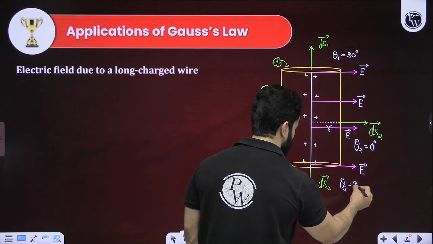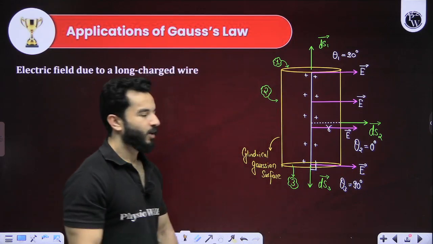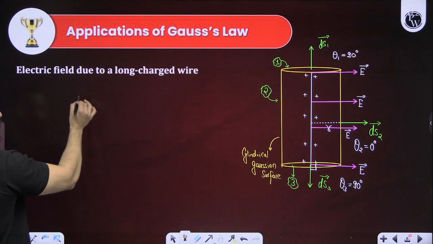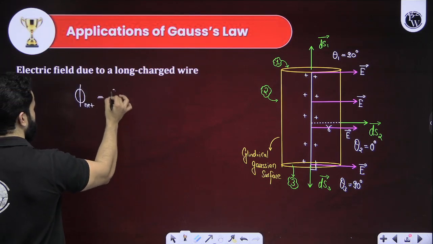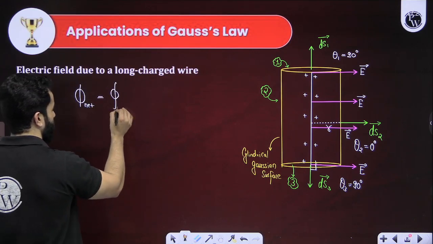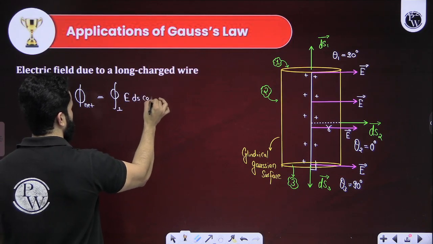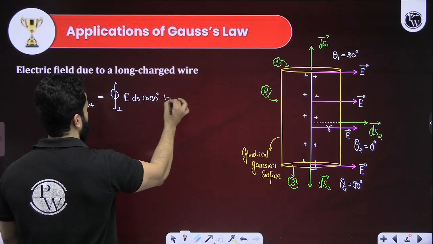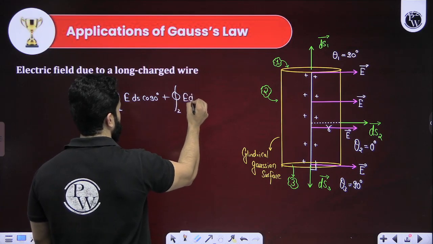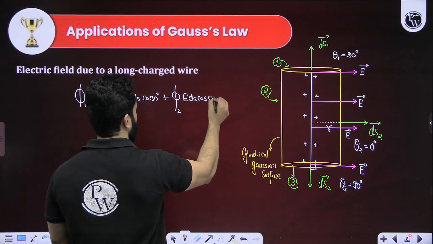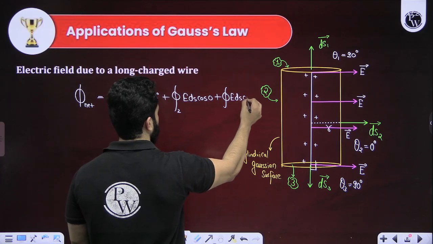What is this 90 degree, dosto? The angle between the area vector and the electric field. So when we are going to write down the net flux, it is the surface integral of surface 1, that is E ds cos 90, plus the surface integral of surface 2, that is E ds cos 0, plus the surface integral of E ds again cos 90.